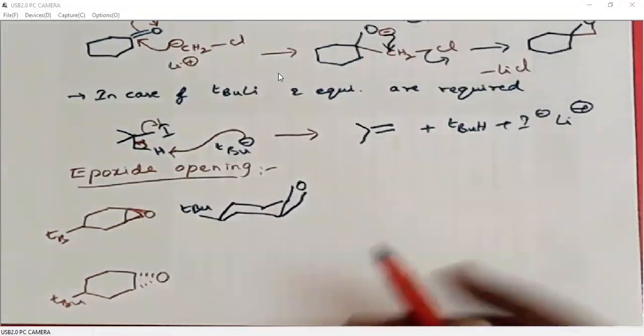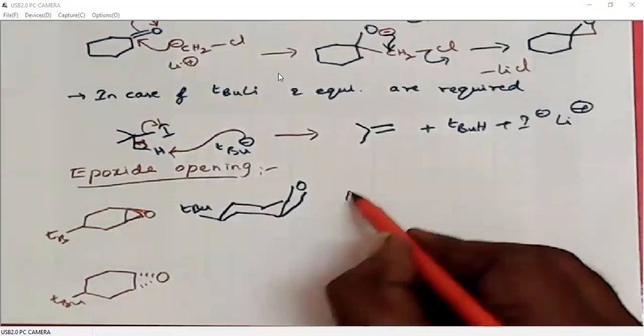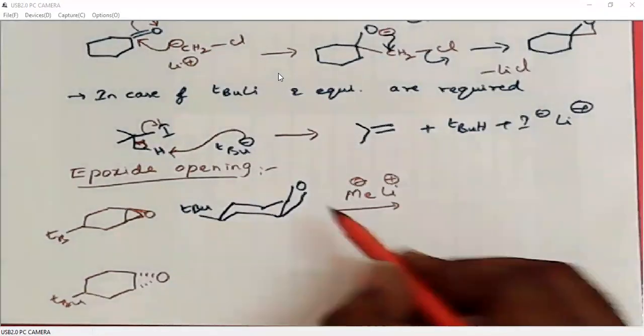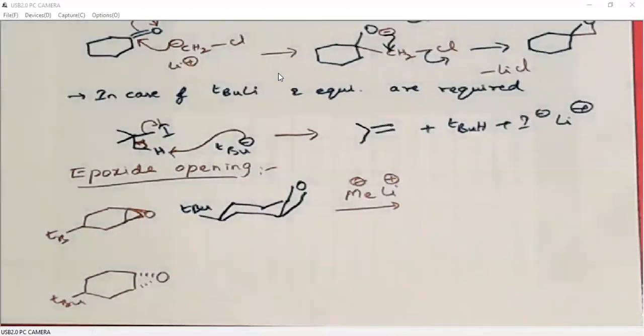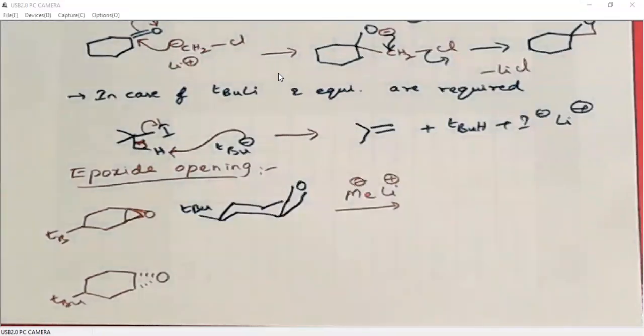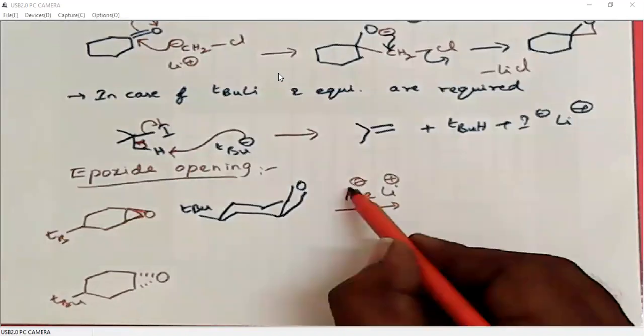Right. When we treat this with methyl lithium, this methyl anion will attack one of the carbons. From which carbon will methyl attack? Either this carbon or this carbon. I'll give you one simple logic. When you want to ring open the epoxide on a six-membered ring, the product should be diaxial.